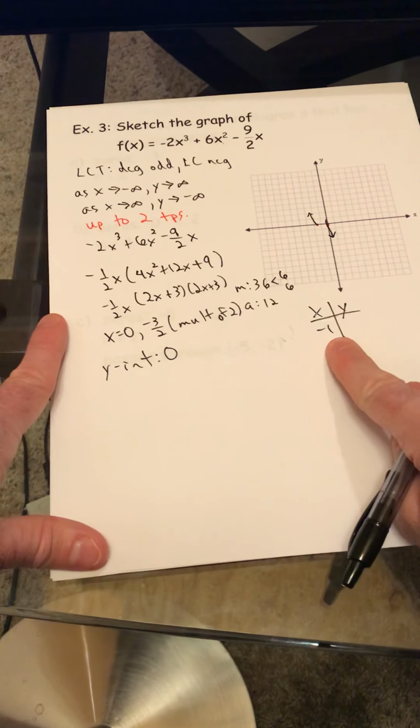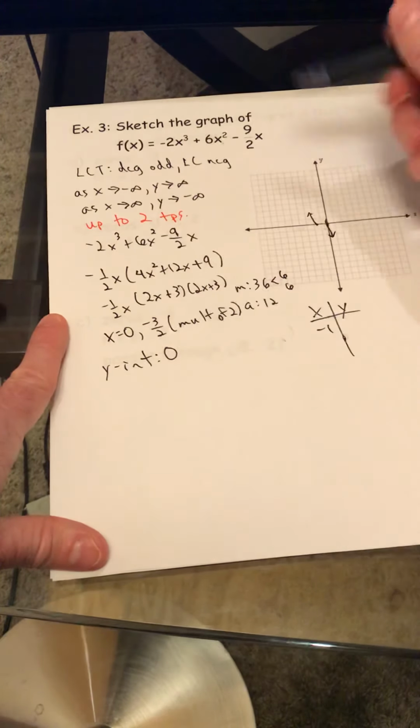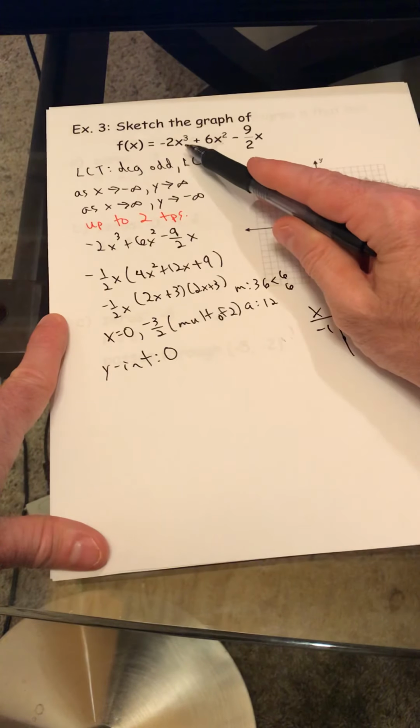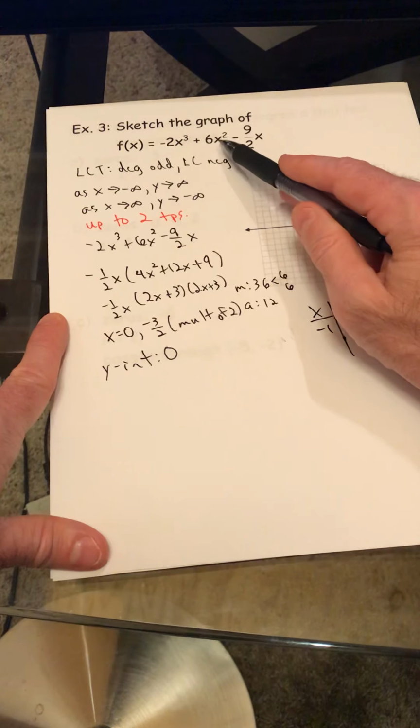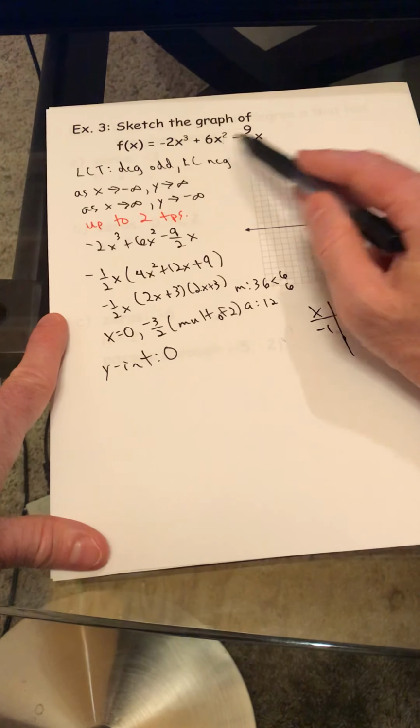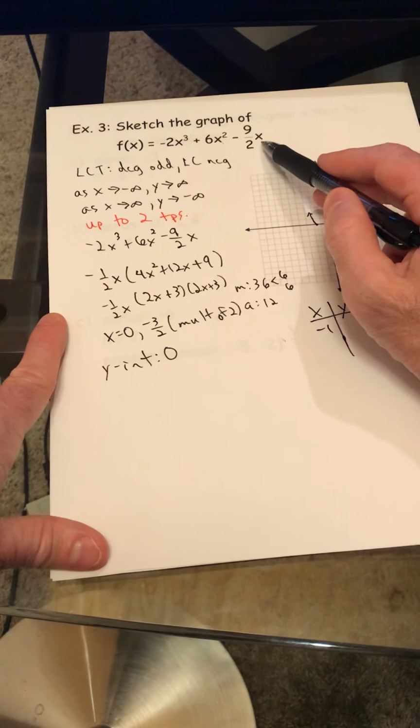I'll use negative 1. When you plug negative 1 in, that is, let's see here, positive 2, positive 6, negative 3/2, or 9/2. So positive 2, positive 6 is 8, minus 4.5.